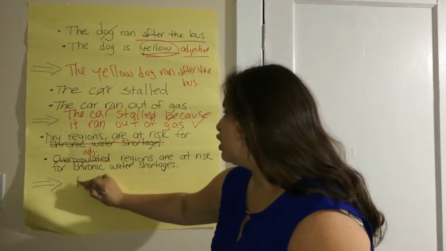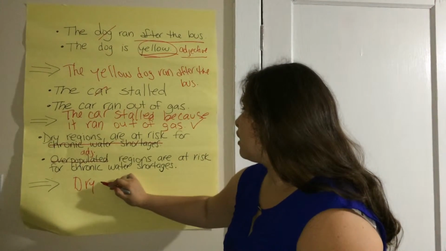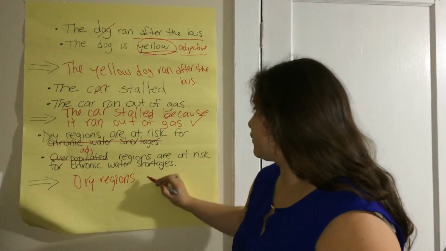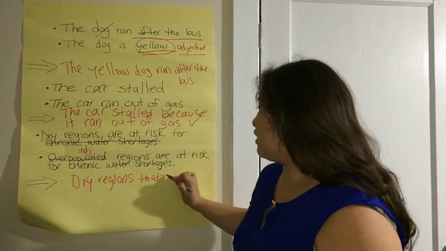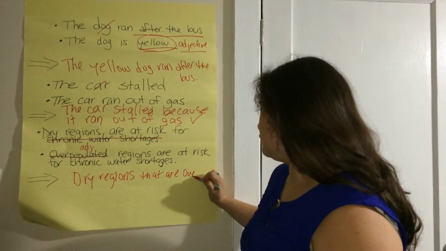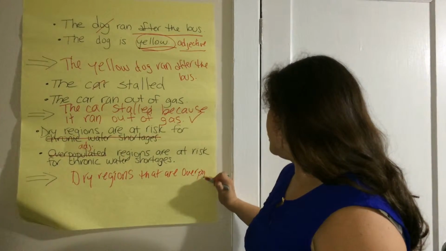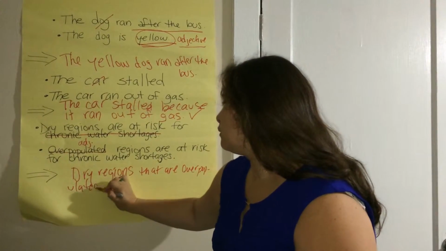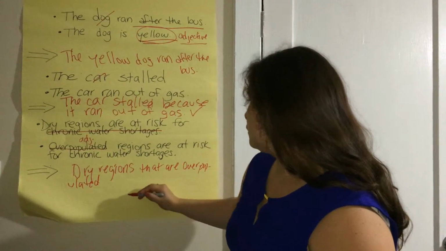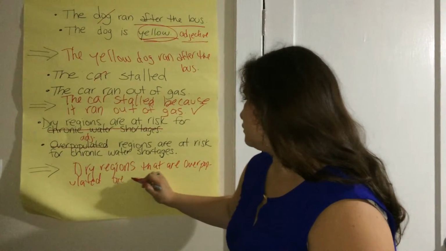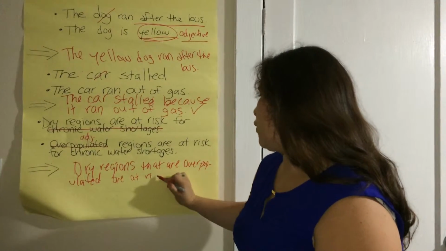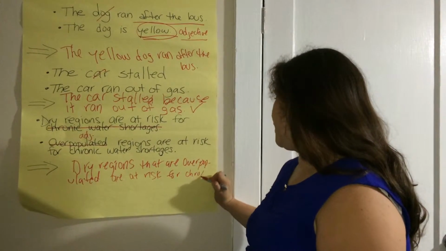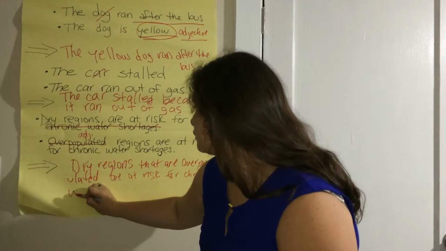So I'm going to say, dry regions that are overpopulated are at risk for chronic water shortages.